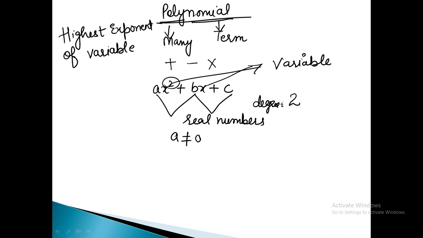Now polynomials of degree 1, 2, 3. If the degree is 1, that is known as a linear polynomial.